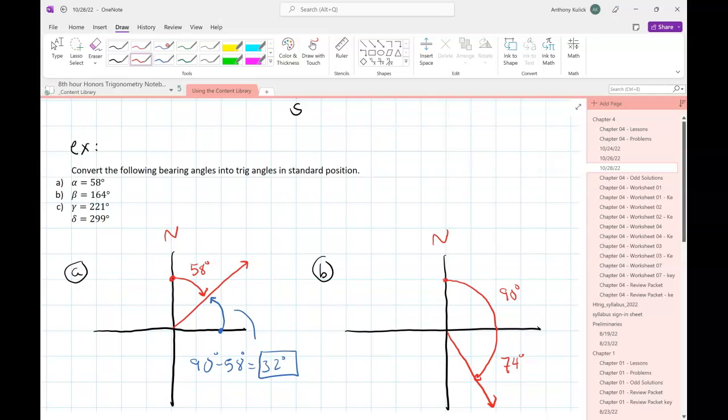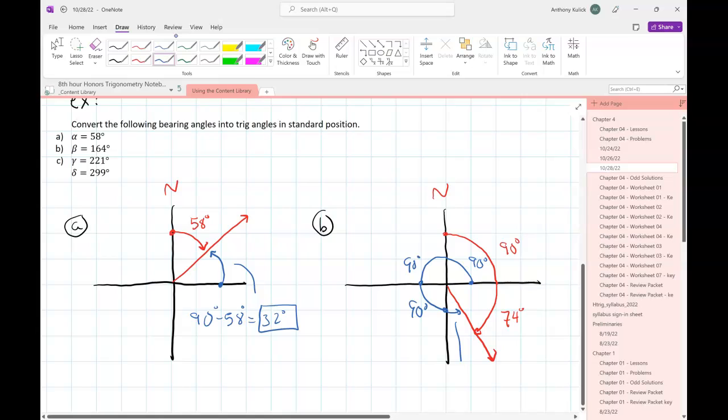Is everybody cool there? To get to my standard position angle, I'm going to do 90, 90, 90, and then that much more.